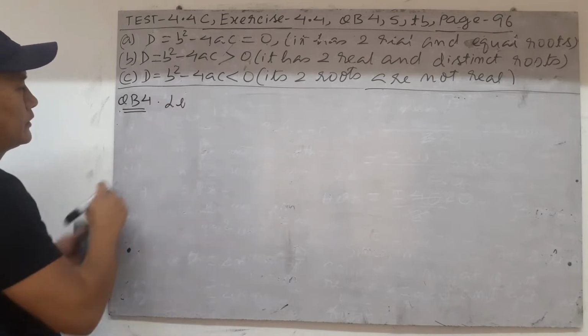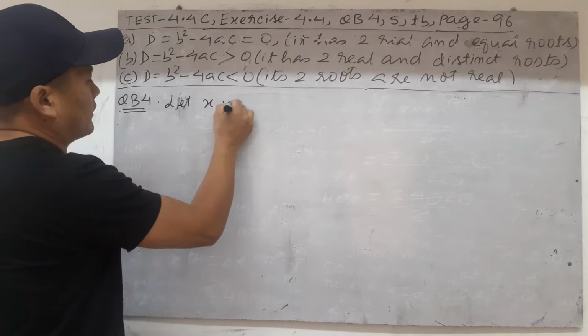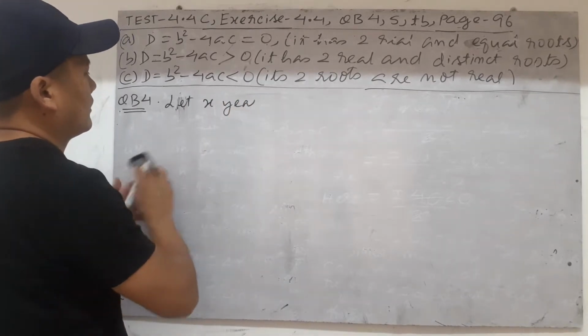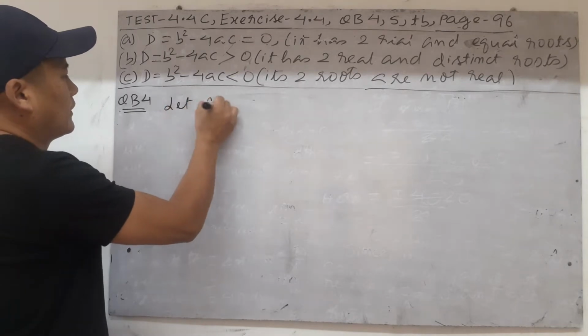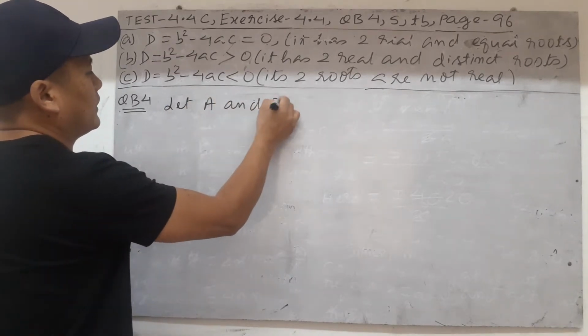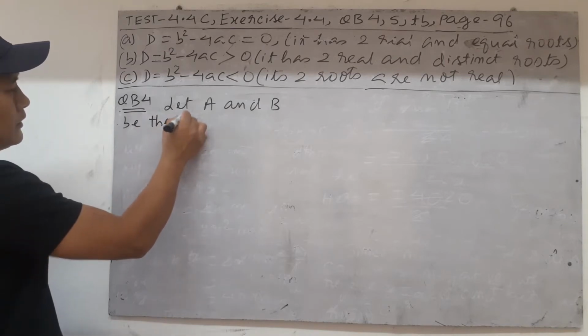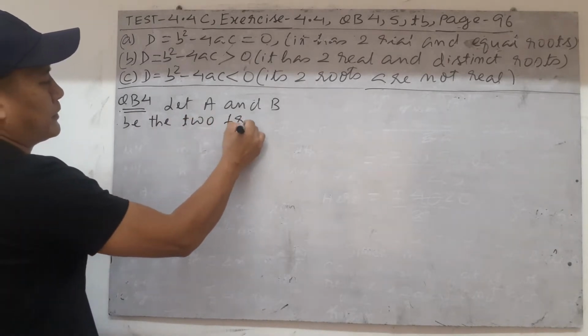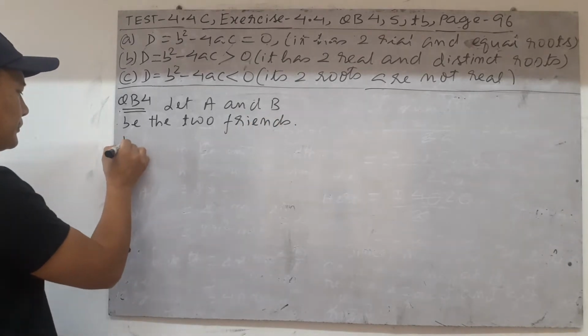So let us assume, let's start like this. Let A and B be the two friends that I mentioned here. Okay, then let us write here.